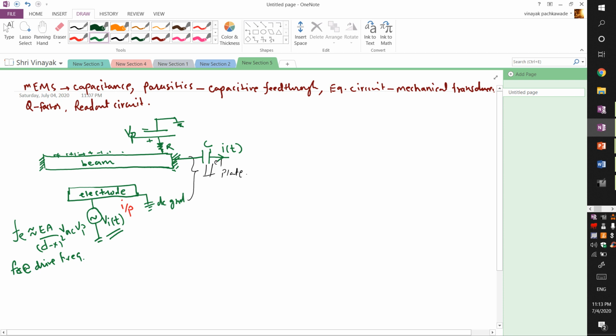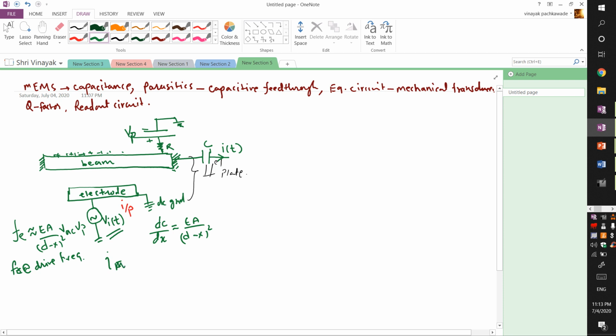Because when it vibrates, there is a change in capacitance, and the gradient of which, dC/dx, is given by epsilon A over (D minus X) whole square. We've seen that previously. So that is a capacitance gradient, and then the current gets generated, which is the motional current.